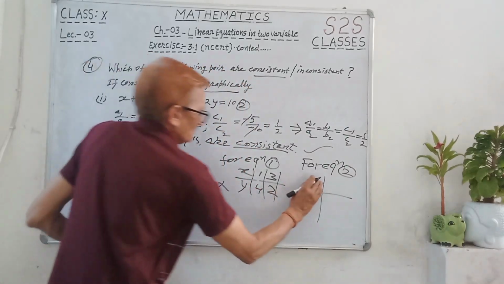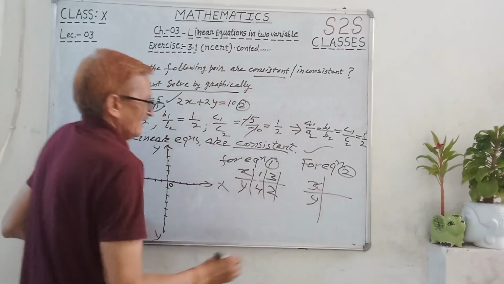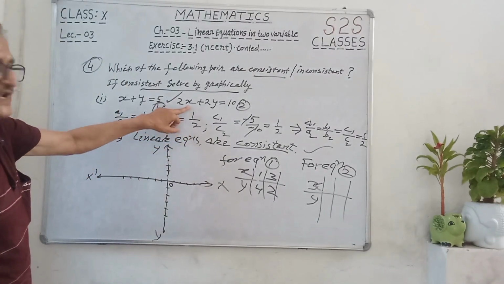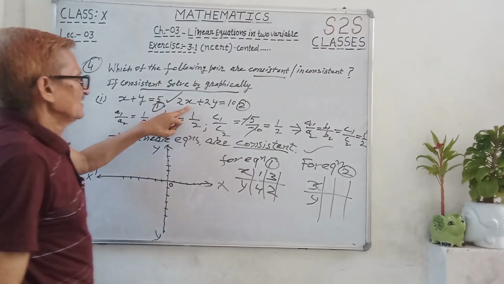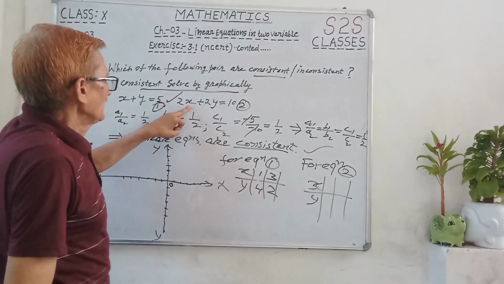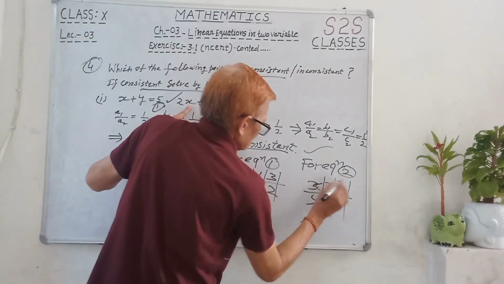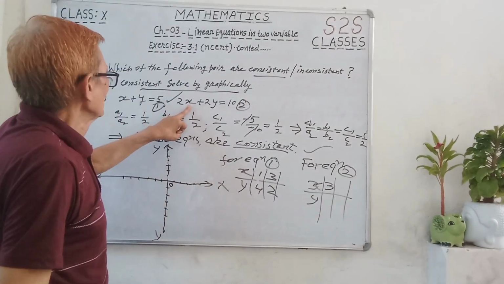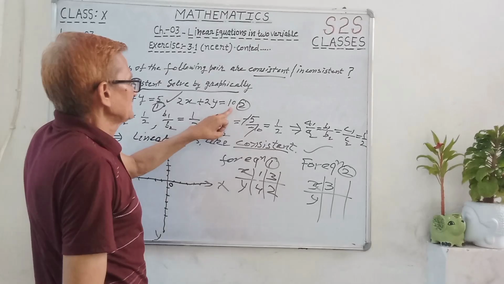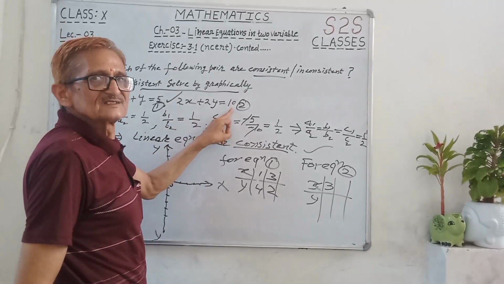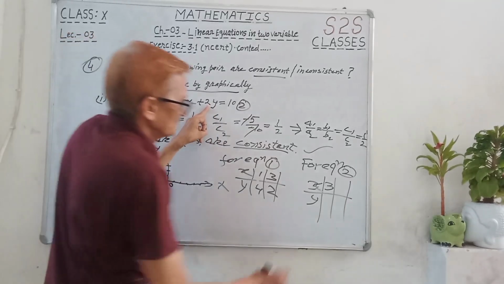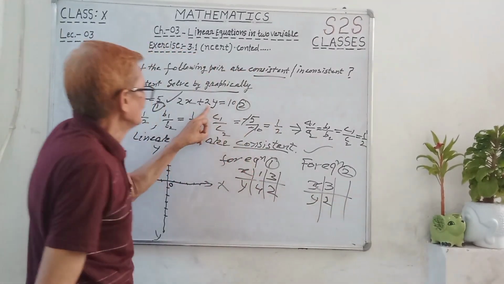Now take any x value from your side in the second. If x is 3, then 2 times 3 is 6, 10 minus 6 is 4, divided by 2, then 2.